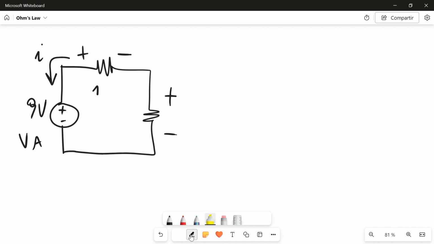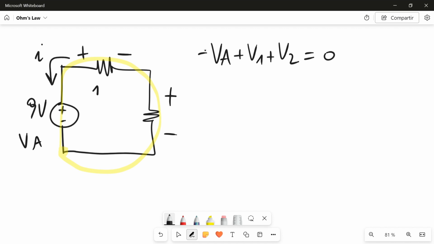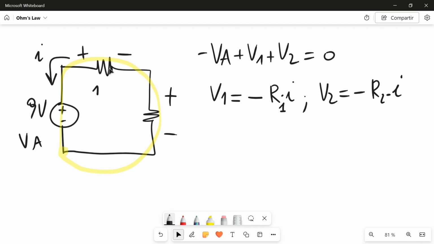So I start from here and I do the mesh this way. And so I have minus VA plus V1 plus V2 equals 0. But now I have that V1 is equal to minus R1 times I, and V2 is equal to minus R2 times I, because I'm respecting the previous rule and the convention of Ohm's law.